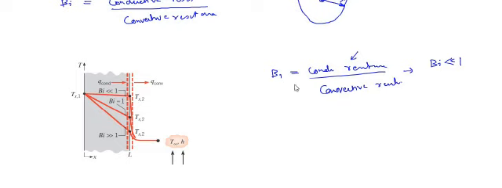And now we have to get a quantitative idea of how small the temperature gradient should be. That is given by the Biot number.